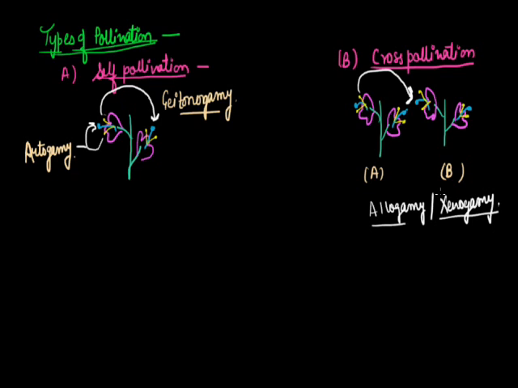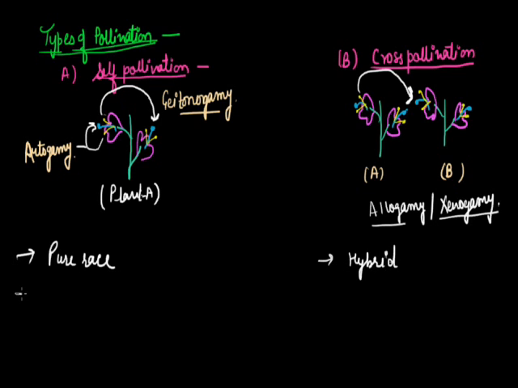By the diagram you can easily understand this, because self-pollination goes on in the same plant, while cross-pollination is where crossing is done between two different plants of the same species. So this one leads to the formation of a pure race, while this is responsible for forming hybrids.